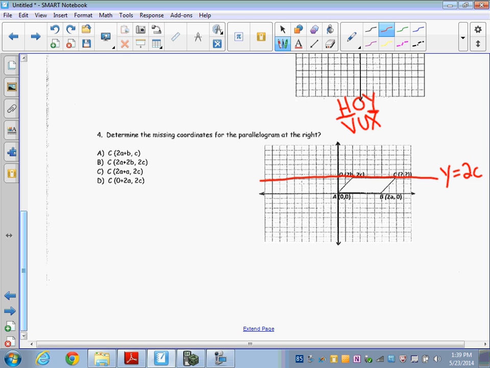So we have to make sure our y coordinate is 2c, which automatically takes out a. To find the x coordinate, we need to figure out how far over we're moving. So from 0 to 2b, that's 2b. So I need to move over another 2b, which means 2a plus 2b needs to be my x coordinate. So the correct answer is going to be b.